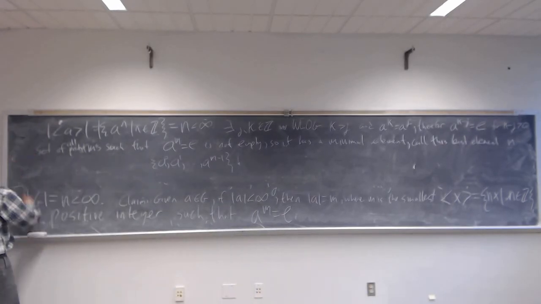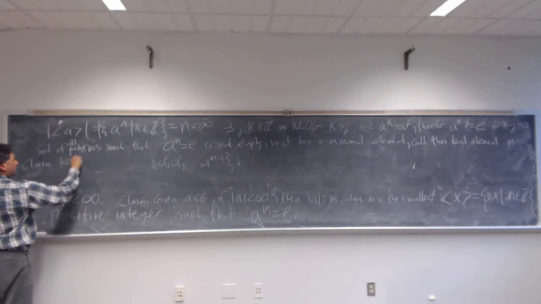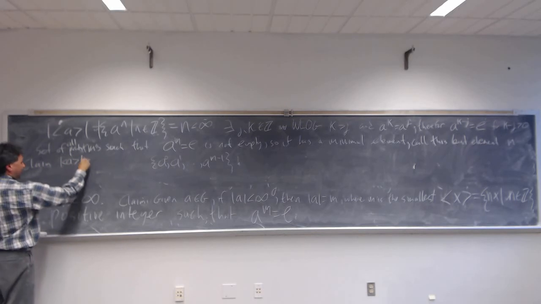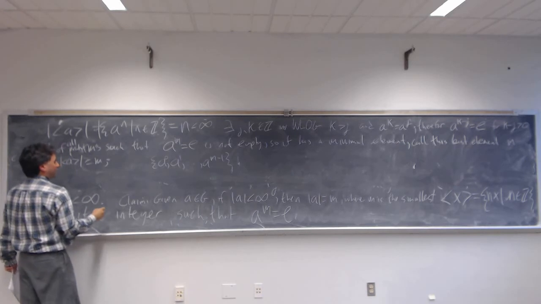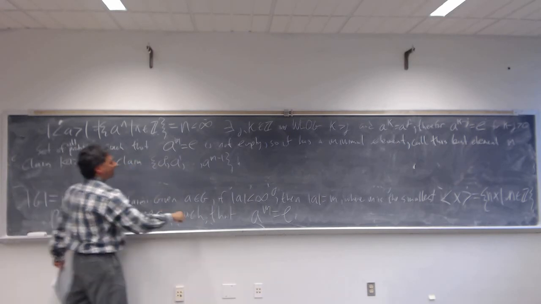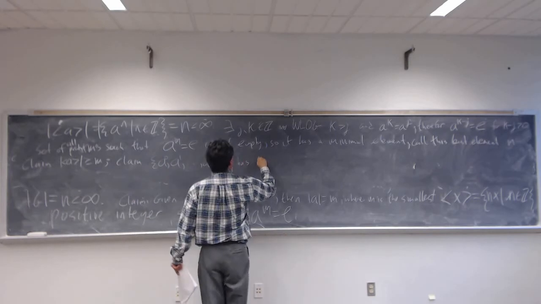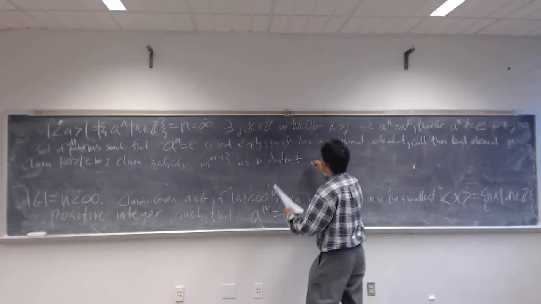I claim that the cyclic subgroup generated by a has at least m elements. It certainly has m elements, but are they distinct?